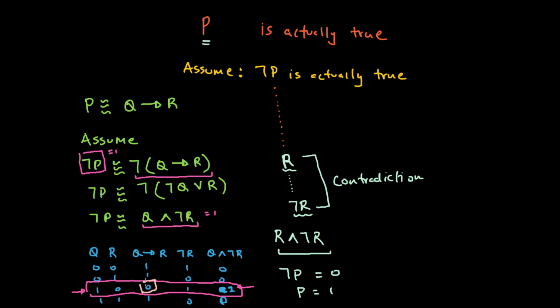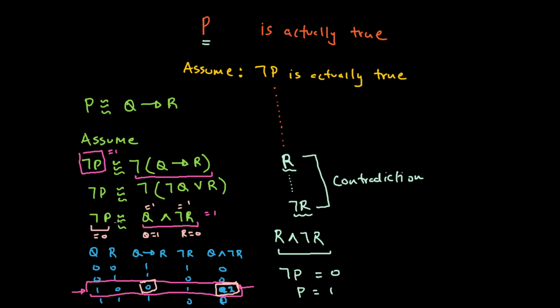If I can never get Q equal to 1 and not R equal to 1, meaning I cannot ever get Q equal to 1 and R equal to 0, then my assumption of not P being 1 can never happen, meaning this piece must always be 0.